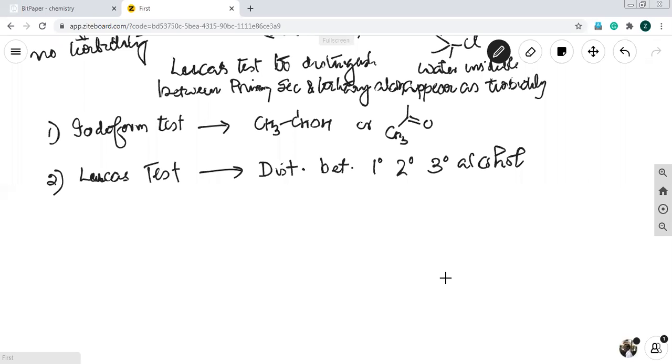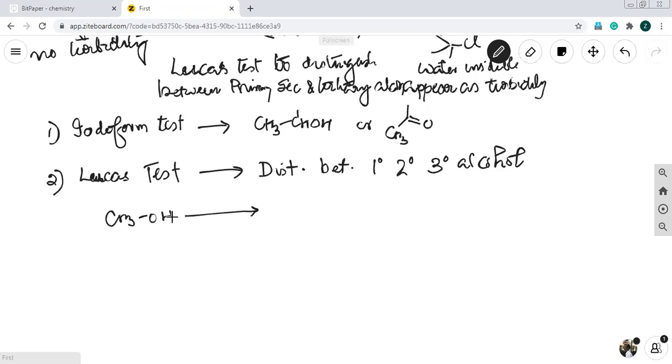Methanol will get oxidized in the body and will form formaldehyde by what is called alcohol dehydrogenase. CH3OH, which is present in alcohol, which we have added in alcohol.